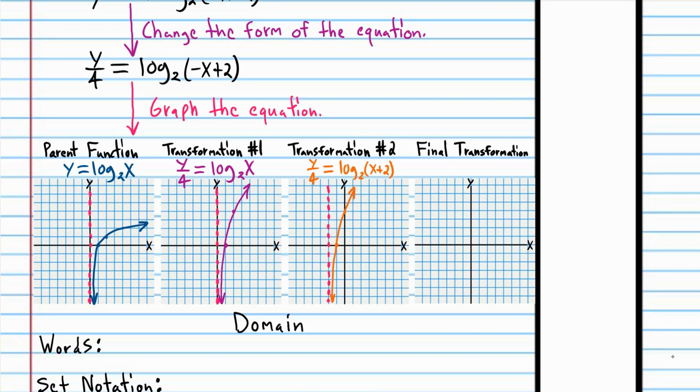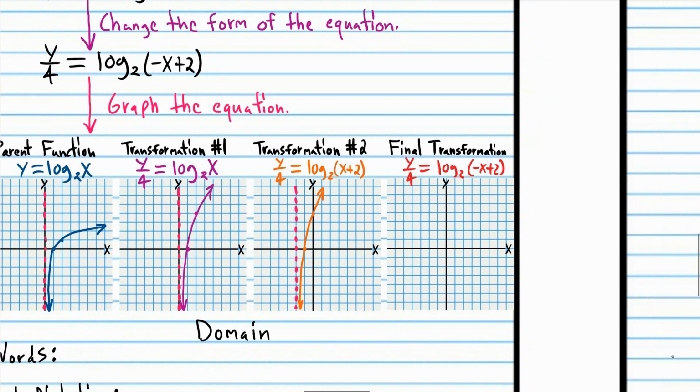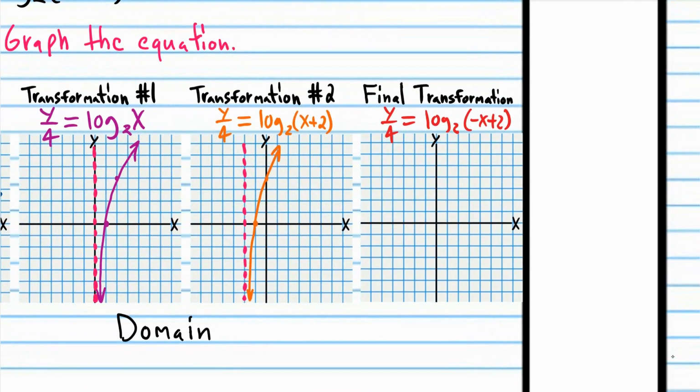All right, so now we're going to reflect. I'm going to replace x with negative x. And that just reflects across the y-axis. And that does not change the position of the asymptote or the appearance. Actually, it does.